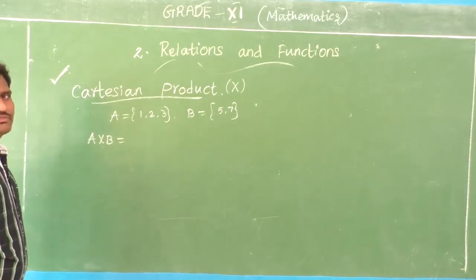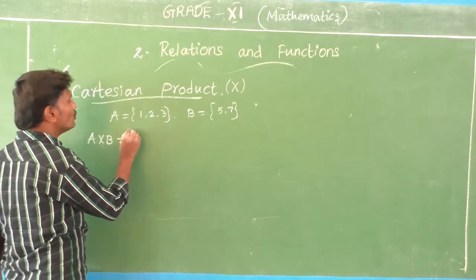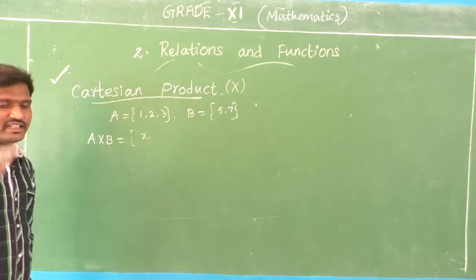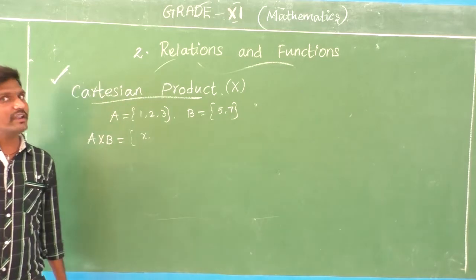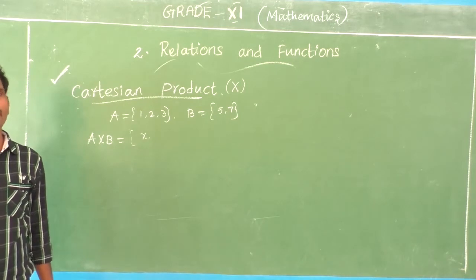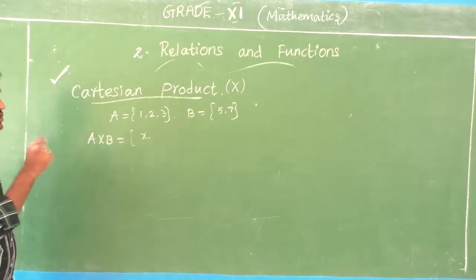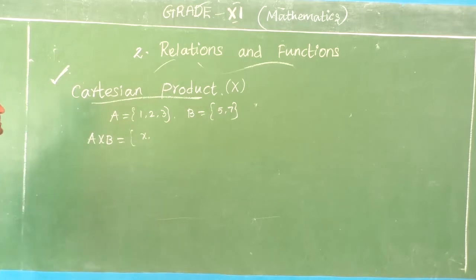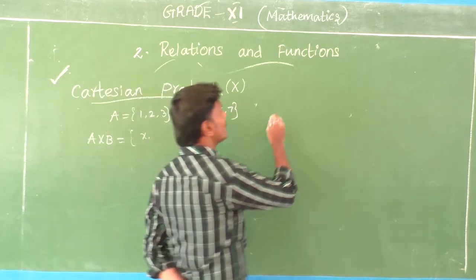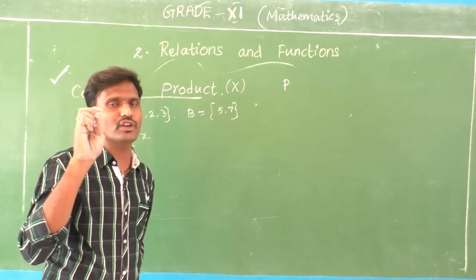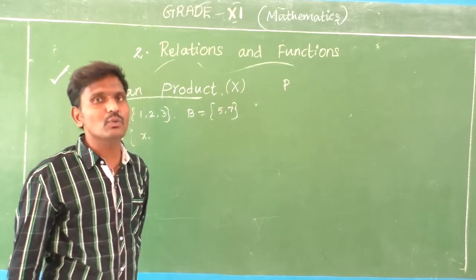How do we represent A cross B? It is defined for two non-empty sets A and B. Sets may be empty or finite, but for the cross product we should take non-empty sets. First I give you the definition, given in your book, page number 31.